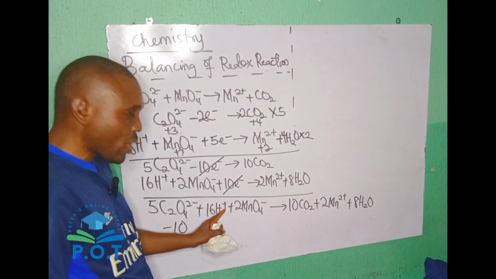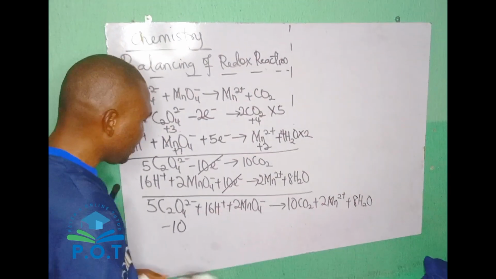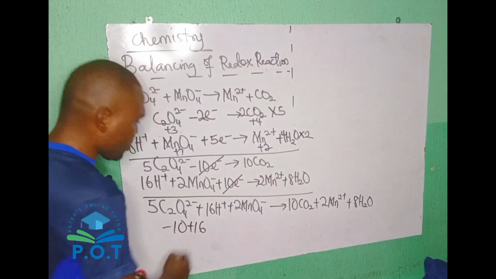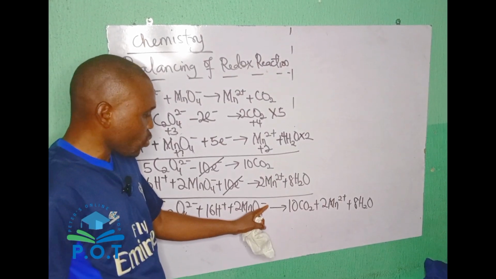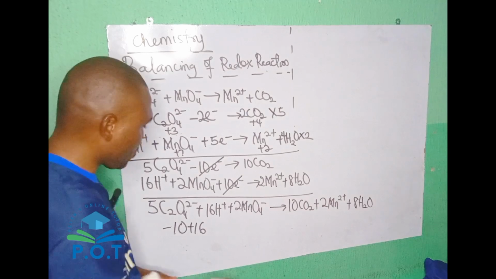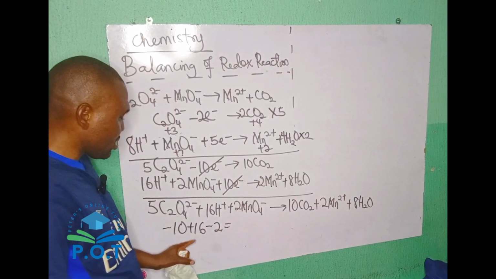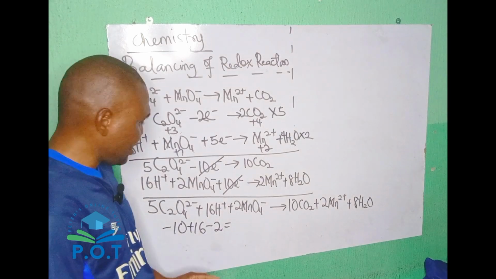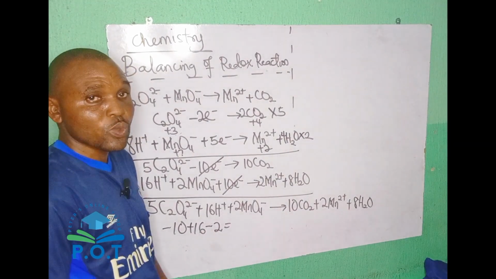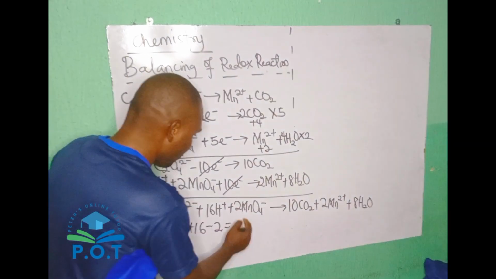Then this is plus 1. So 16 times 1 gives us what? That's plus 16. And then this is minus 1. So 2 times minus 1 gives us what? Minus 2. So let's see. Minus 10 plus 16 gives us what? 6. And 6 minus 2 gives us what? 4. So I'm having 4 here.